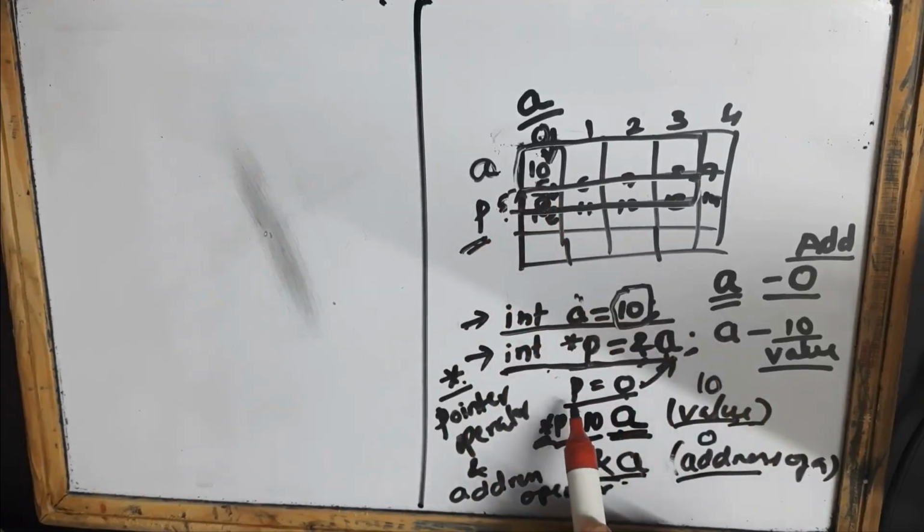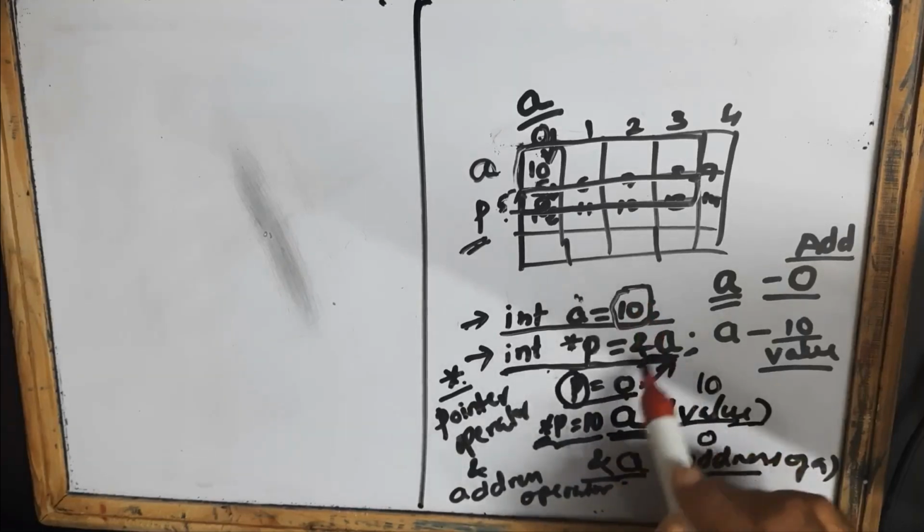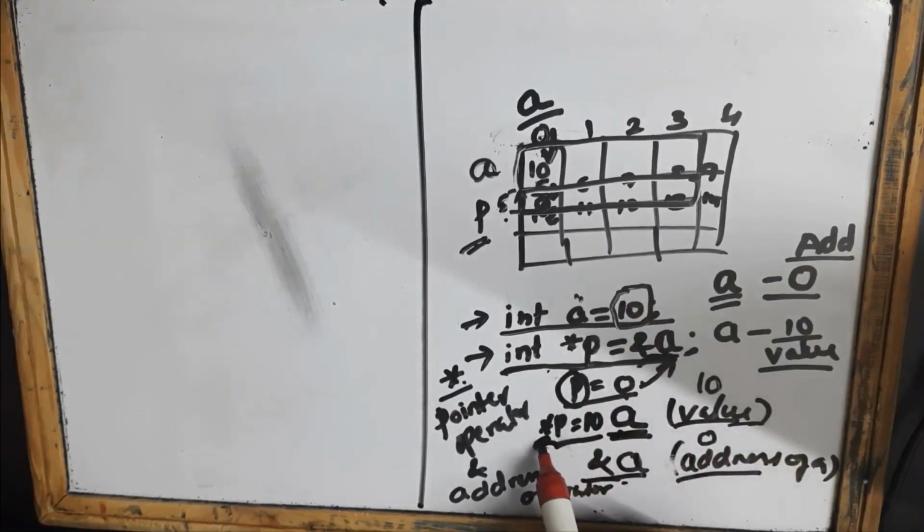Now, if you want to use the address stored in P, when you reference with P, it gives the address of A. When you use star P, that means the content of P, you will get 10.